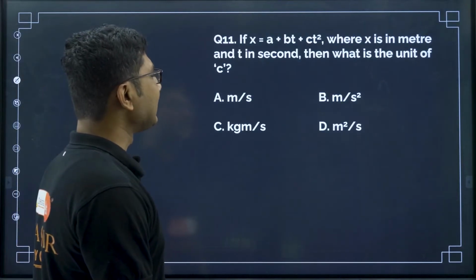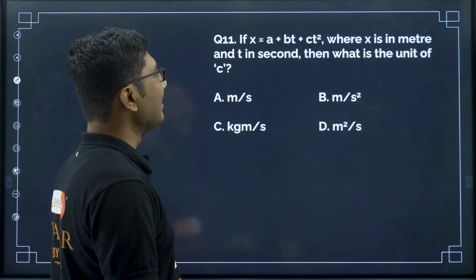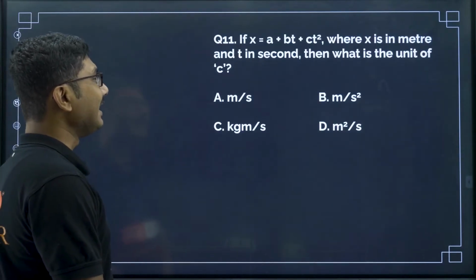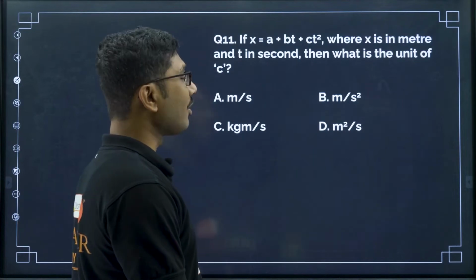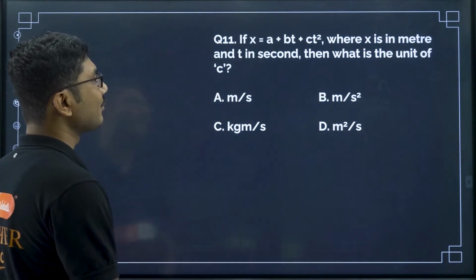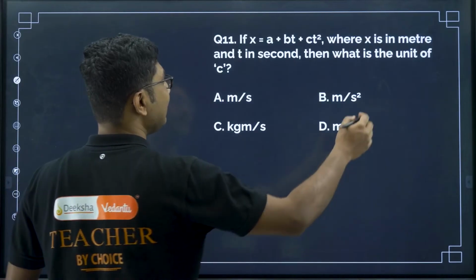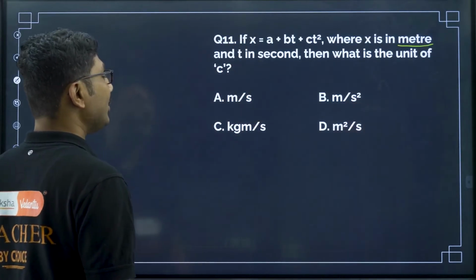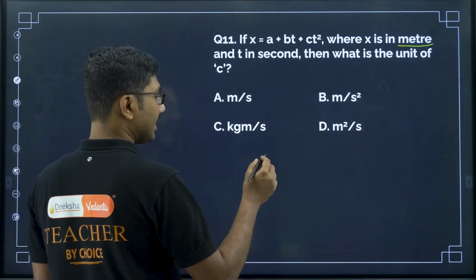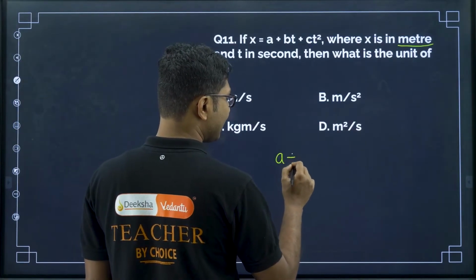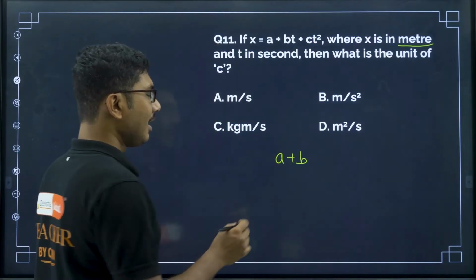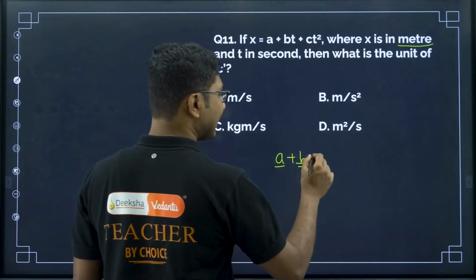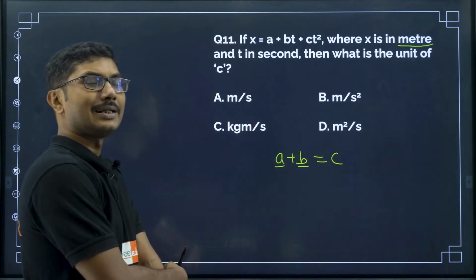If x equals a plus bt plus ct square, where x is in meter and t is in second, then what is the unit of c? Very interesting question. What they have given is that x is in meter, so x is basically a unit of distance. Now, we know that when we are adding two quantities, say a plus b, then the dimension of a should be equal to the dimension of b, and that should be the dimension of the resultant value as well.